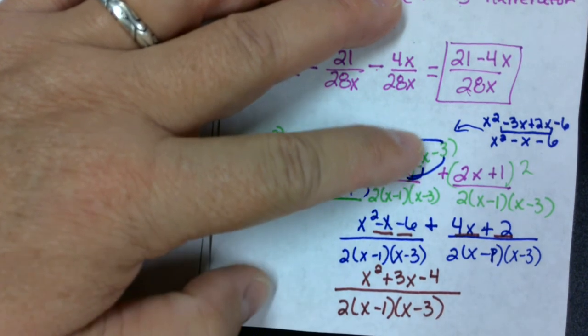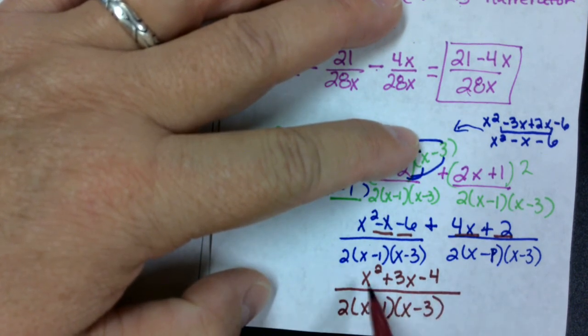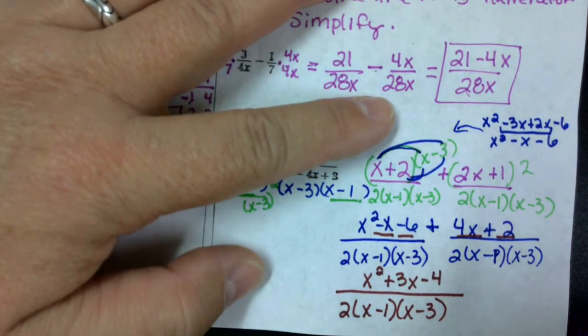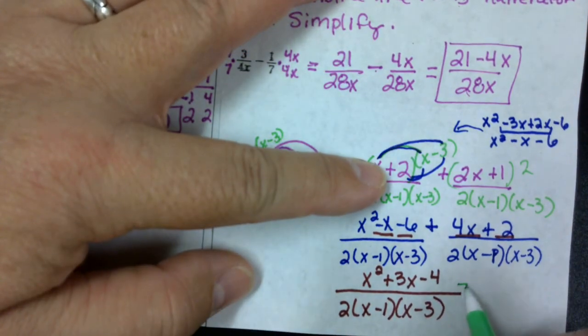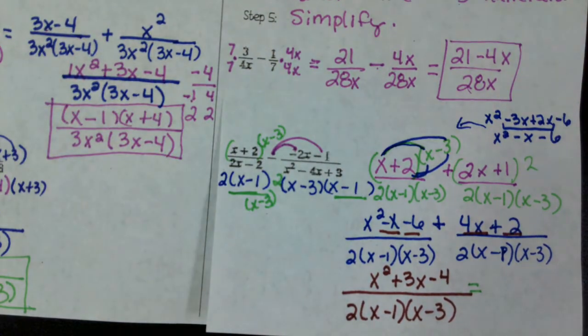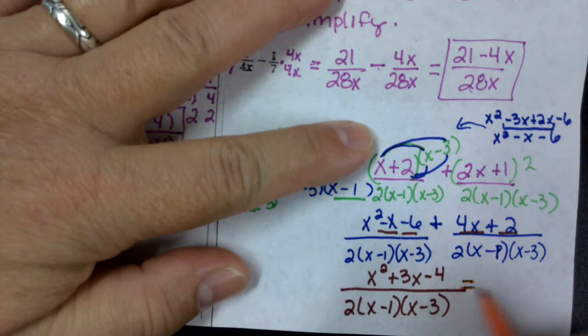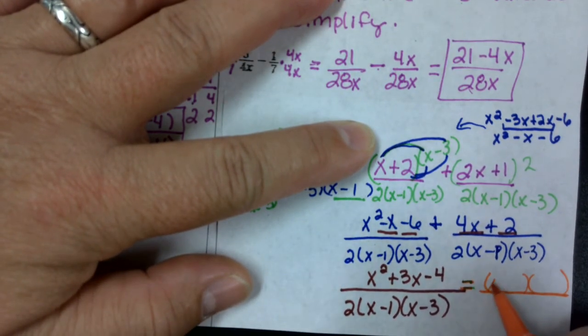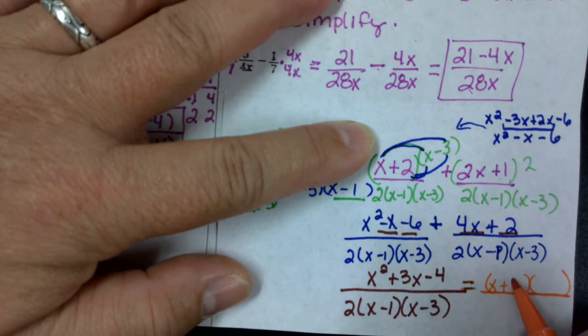So now I need to see if I can simplify. So can I factor x squared plus 3x minus 4? And the answer is yes, I can. So when I factor that, I get x plus 4 times x minus 1.